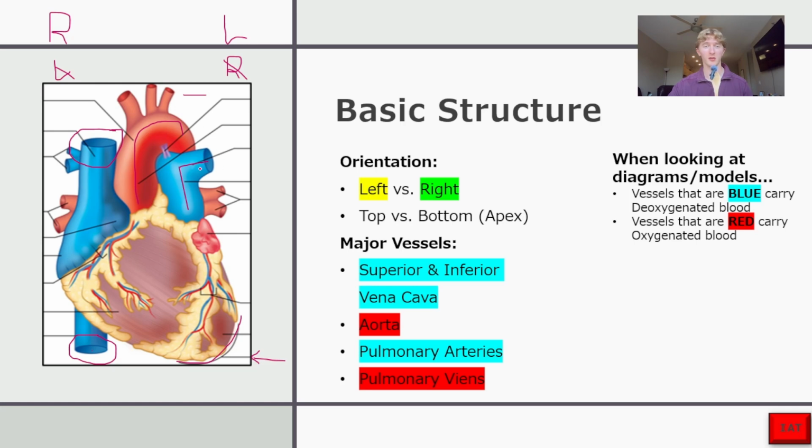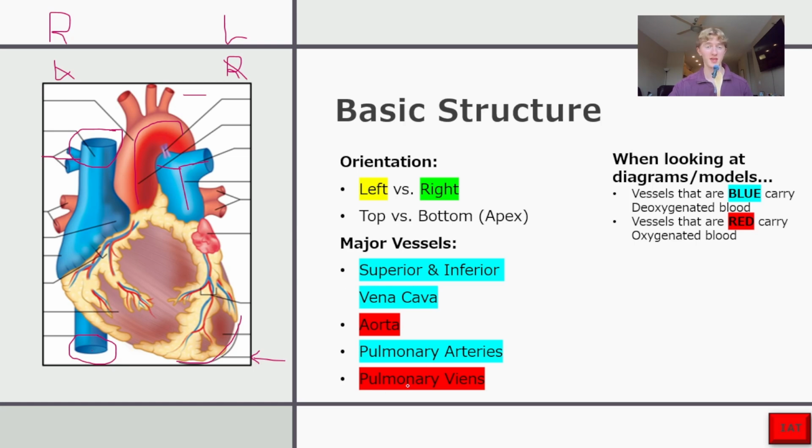We have our left pulmonary artery, and then coming out over on this side behind the aorta, it comes out right here, which is going to be our right pulmonary artery, excuse me. So, left pulmonary artery, right pulmonary artery. They come out from the pulmonary trunk, and then they go out from the heart.